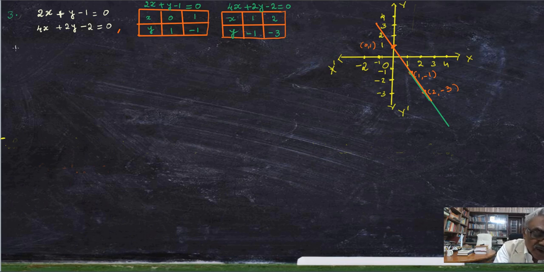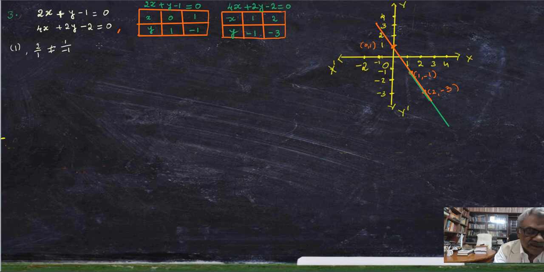in case of the first, we can see 2 by 1 in the first pair of equations is not equal to 1 by minus 1.